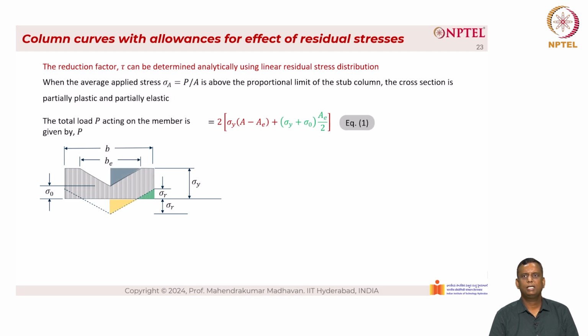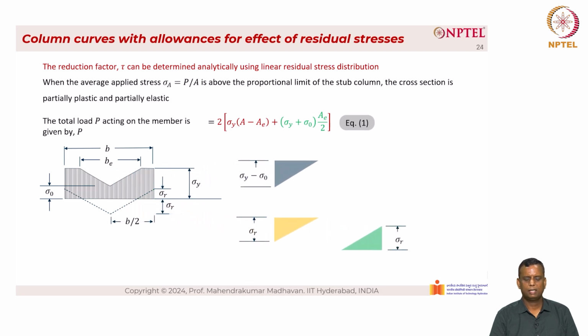To simplify this equation further, let's take advantage of the similar triangles. As you can see here, the blue color similar triangles has a depth of sigma Y minus sigma naught. The yellow color triangle below has a depth of sigma R and the green color triangle has a depth of sigma R as well. So all of them have the same angle theta here, which is the slope, the same in all the locations.